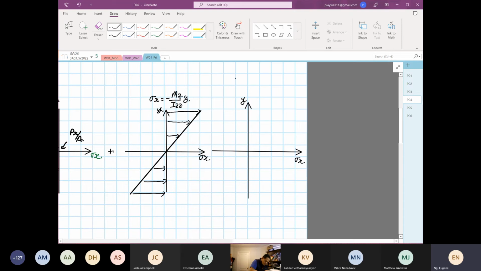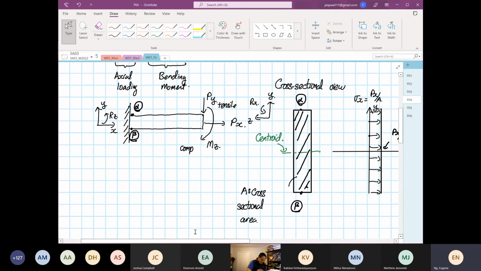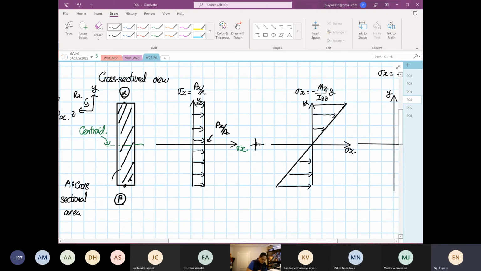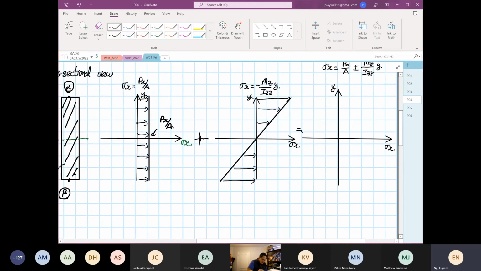Now we're going to plot stress X is equal to Px over A plus or minus Mz over Izz multiplied by y, because we have an axial loading over here. So now we are going to add these two graphs together, and this is the outcome.